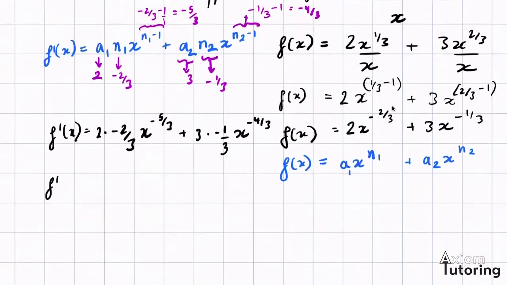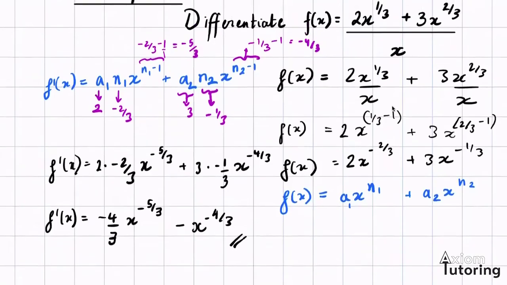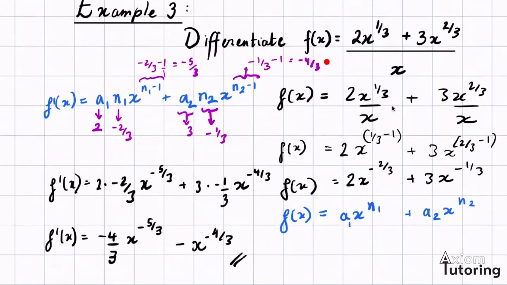So let's clean that up. We get minus 4/3 x to the power of minus 5 over 3, minus, since 3 times minus 1/3 is minus 1, x to the minus 4 over 3. And then we have the derivative of our function f of x here.